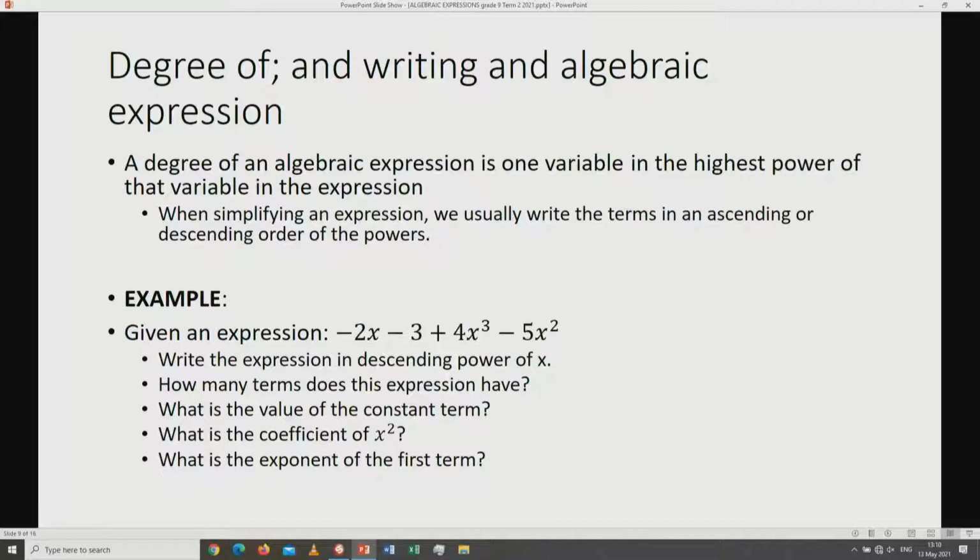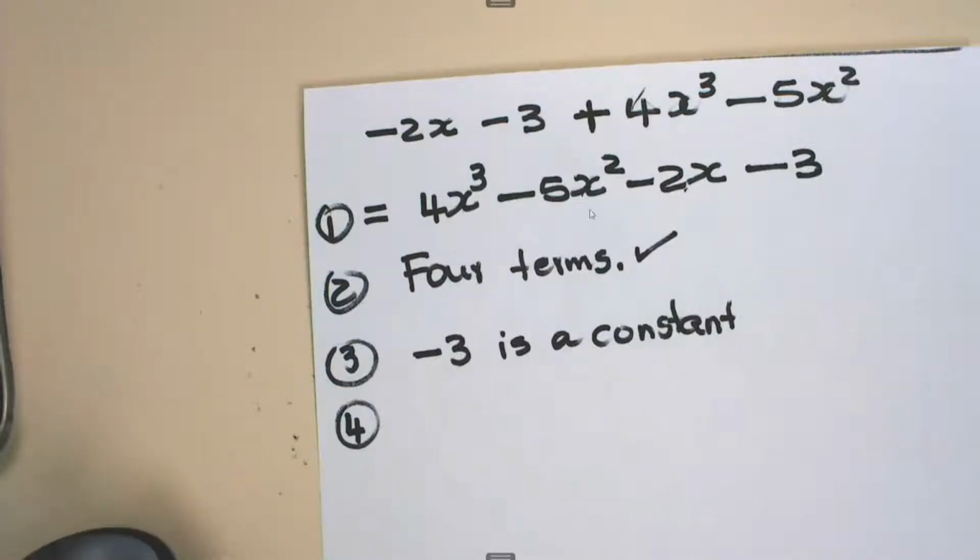Now, x squared in this case, there it is. Can you see our x squared? There is our x squared, negative 5x squared. The question is, what is the coefficient of x squared?